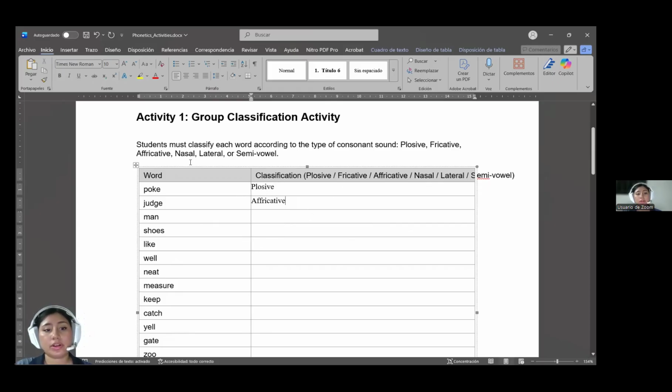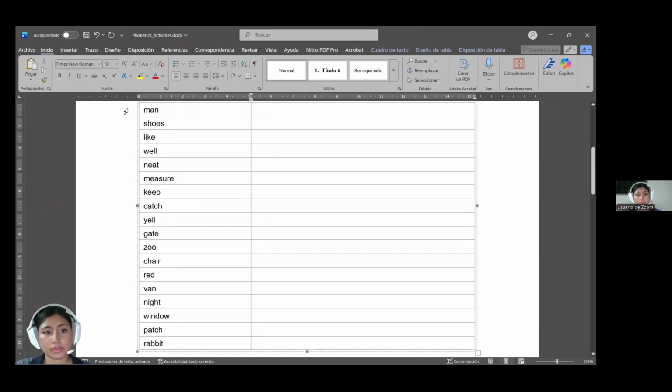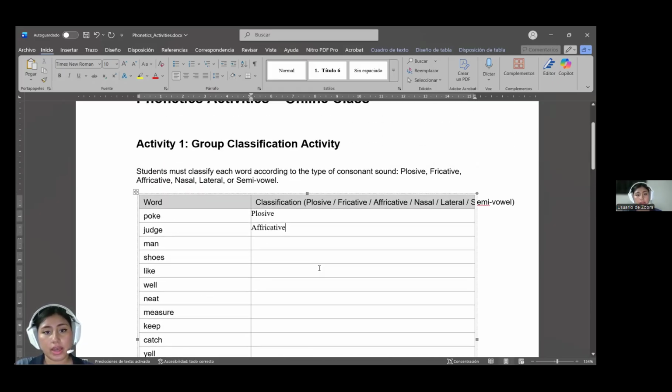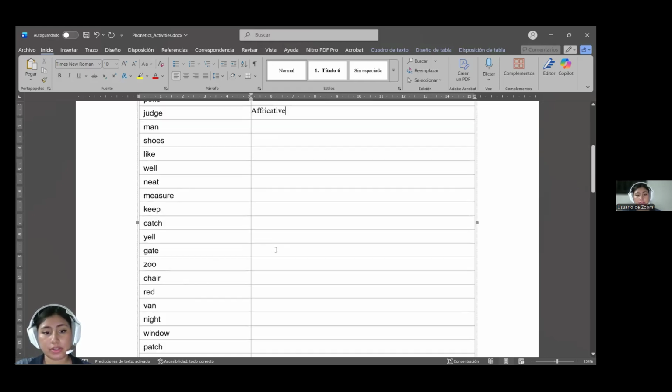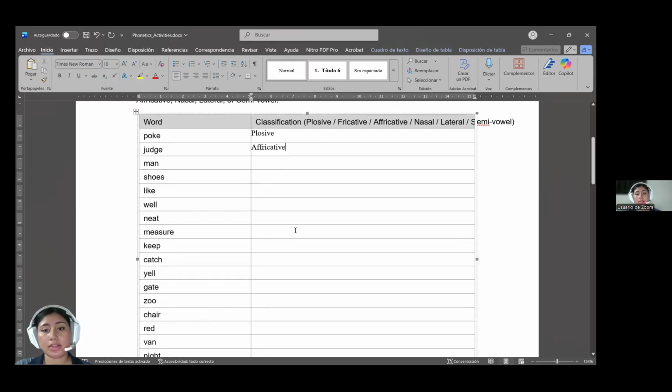So this is what you're going to do with all these words here. I've given you about 5 minutes so you can finish this activity, and once you finish, we will check your answers.